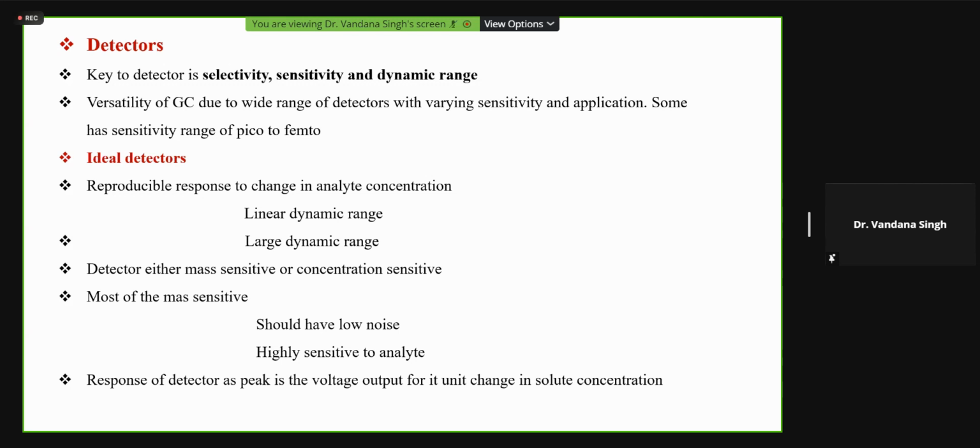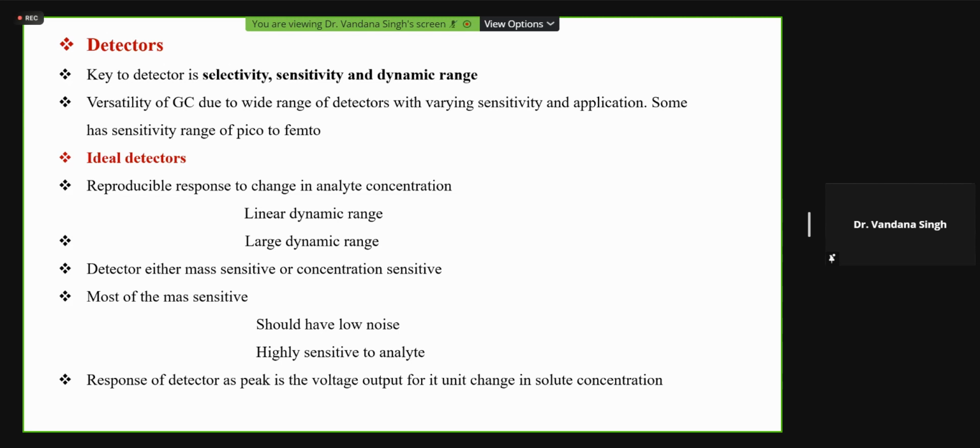Dynamic range is how the detection changes with the change in the concentration of analyte. So the range of the concentration up to which a detector can detect a particular analyte varies from detector to detector, and it varies between the minimum amount of compound that can be detected and the highest amount of the compound where the detector reaches saturation.